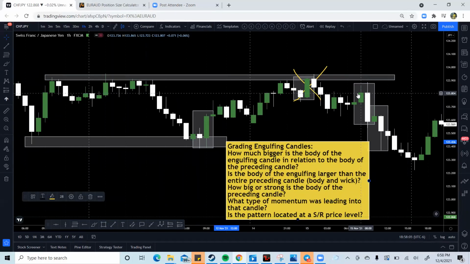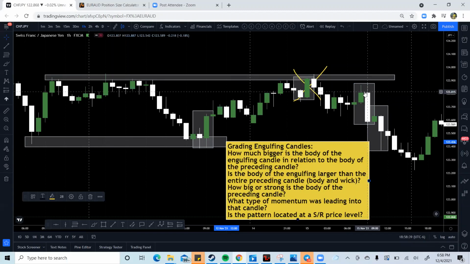If the momentum is weak leading into the engulfing candle, that could be a good sign as well, because either strong momentum or weak momentum could be good signs for engulfing candles, as long as the engulfing candle itself is a strong one and it's present in the right area. So this had marginal bullish momentum leading into it.